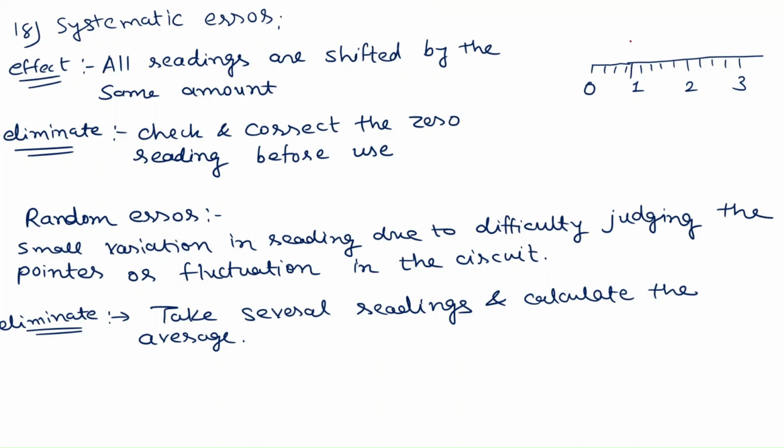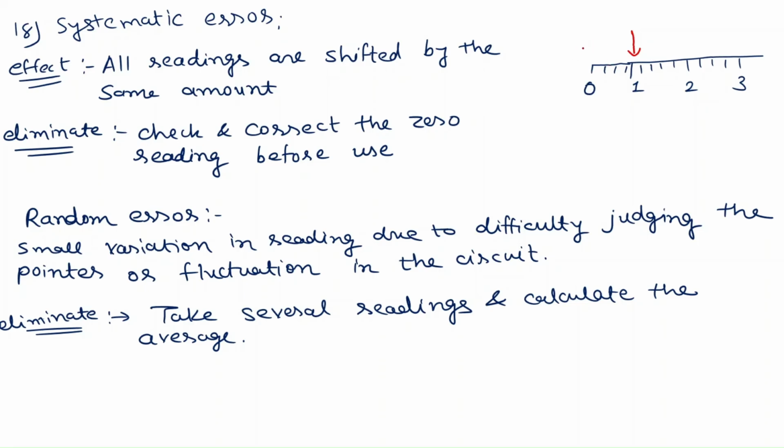If the voltmeter is not in use, meaning there is no potential difference across it, but still the pointer shows one, that means the problem is in the voltmeter.